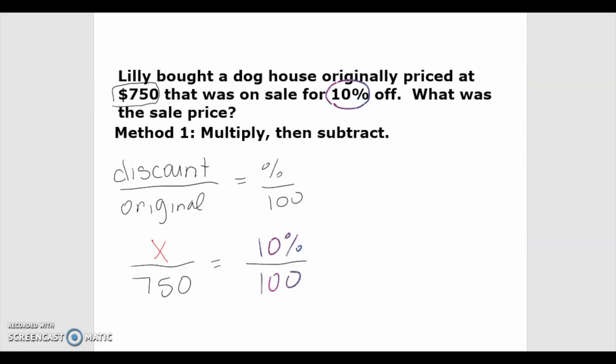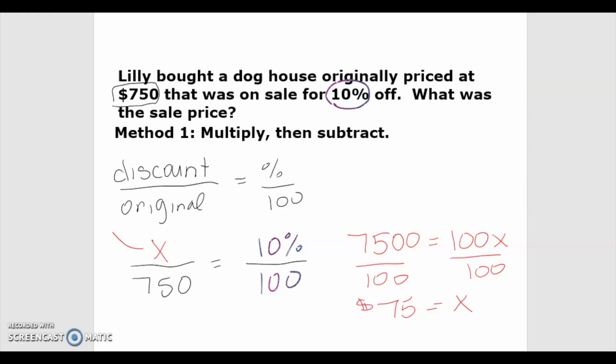When we solve this, we have cross product, 750 times 10 is 7,500. X times 100 is 100x. We divide by 100, and X equals $75.